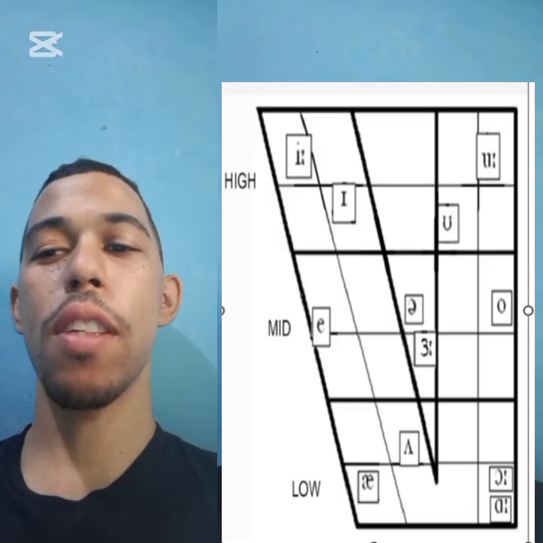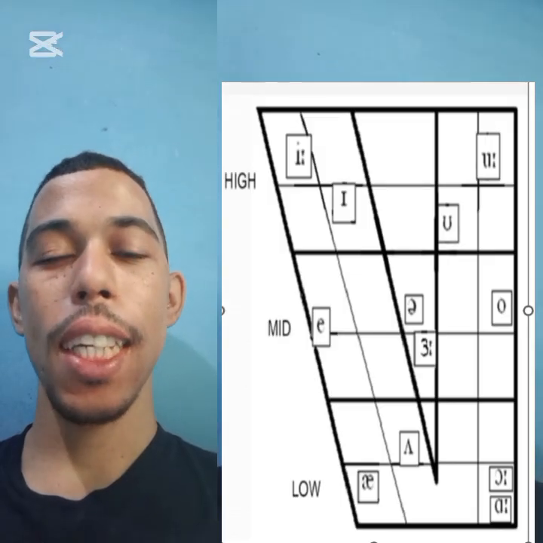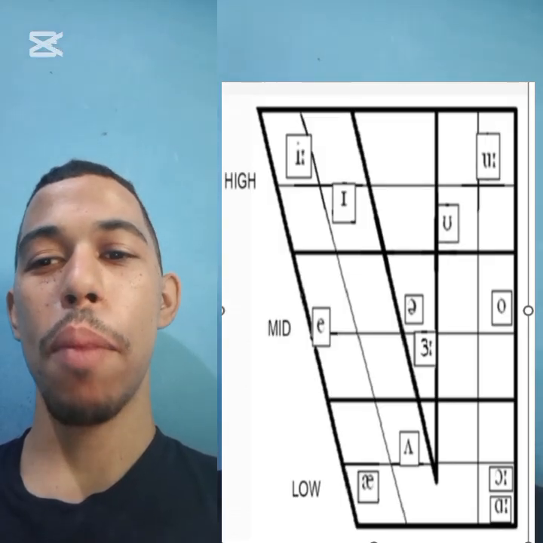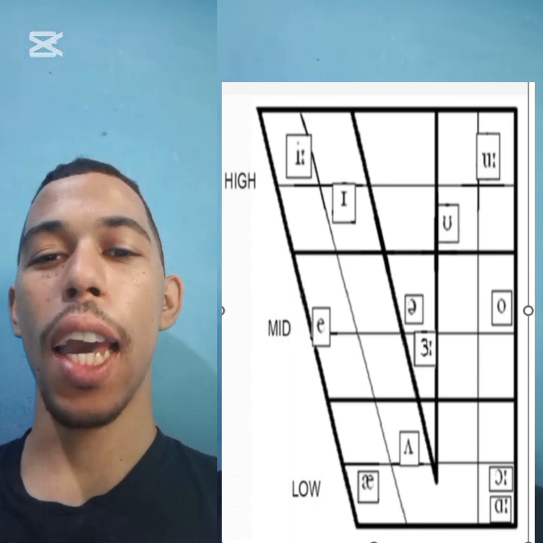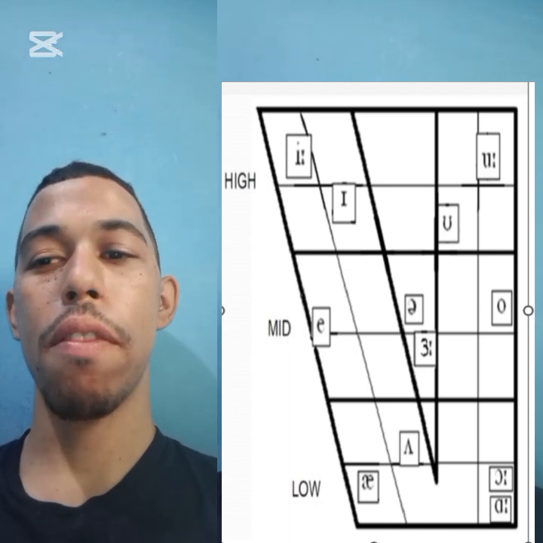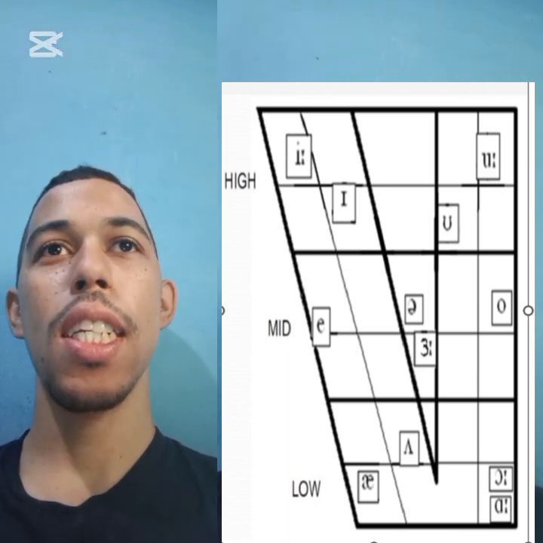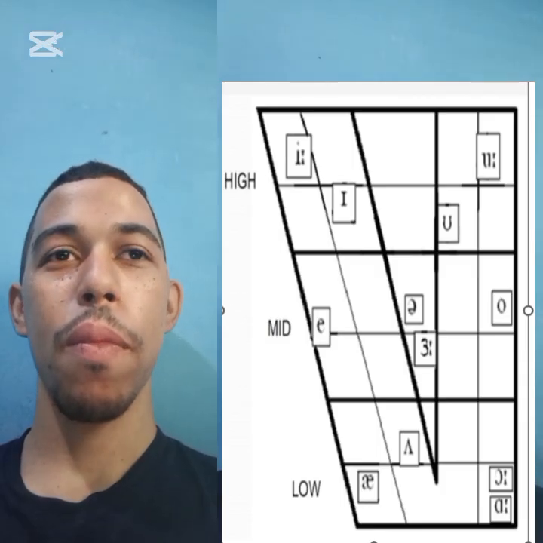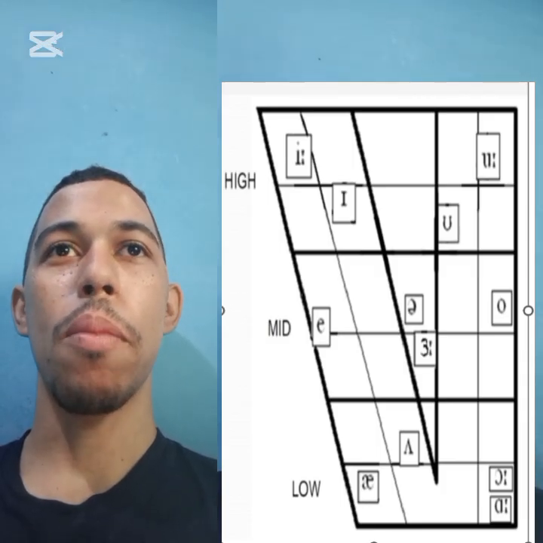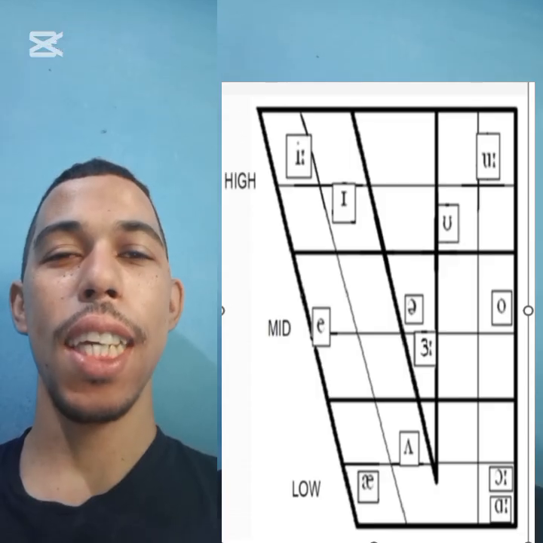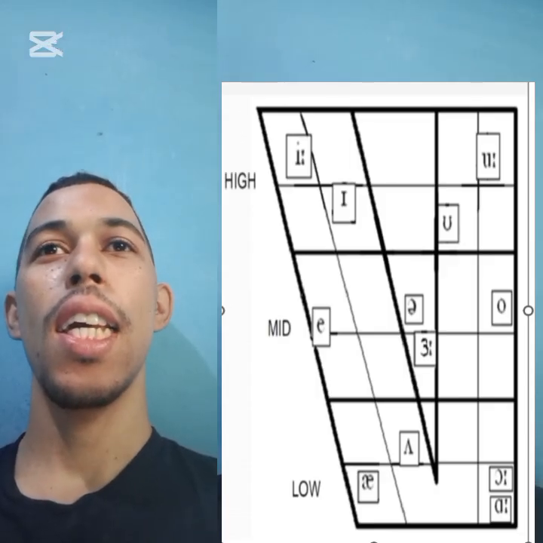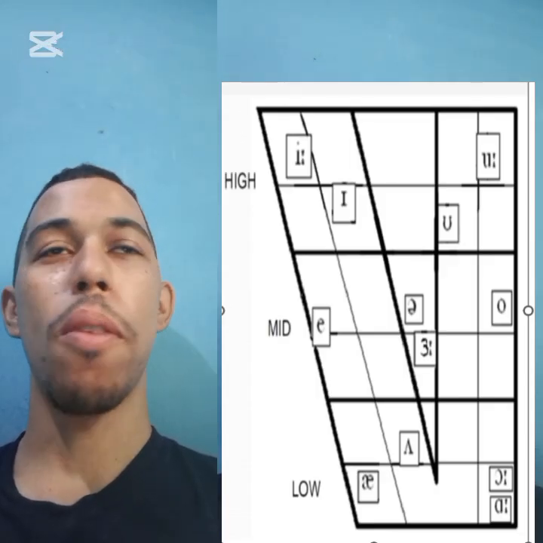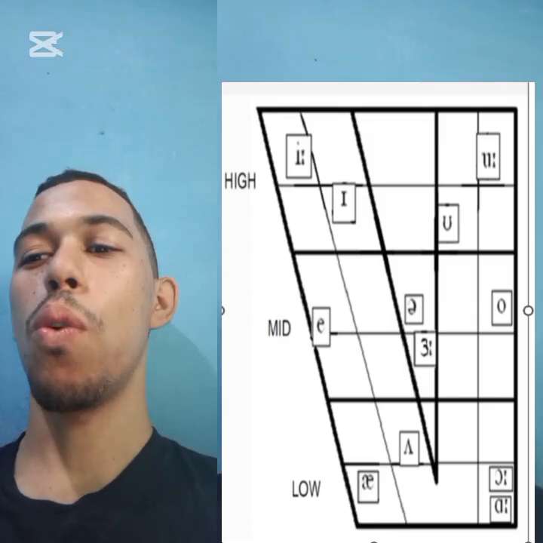So let's start with the phoneme "ee". This phoneme is high front, and it is long. I mean, it is lengthy. For example, we can see the vowel sound "ee" in words like "see" or "bee".